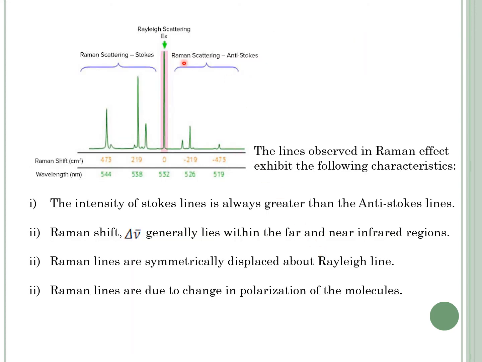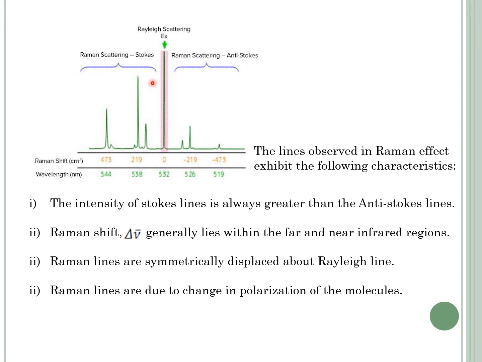Now here again you can see the representation of lines observed in the Raman spectrum, which exhibits the following characteristics. Here you can see the intense Rayleigh scattering. These are the Raman scattering Stokes lines and the Raman scattering anti-Stokes lines. The intensity of Stokes lines is always greater than the anti-Stokes lines.